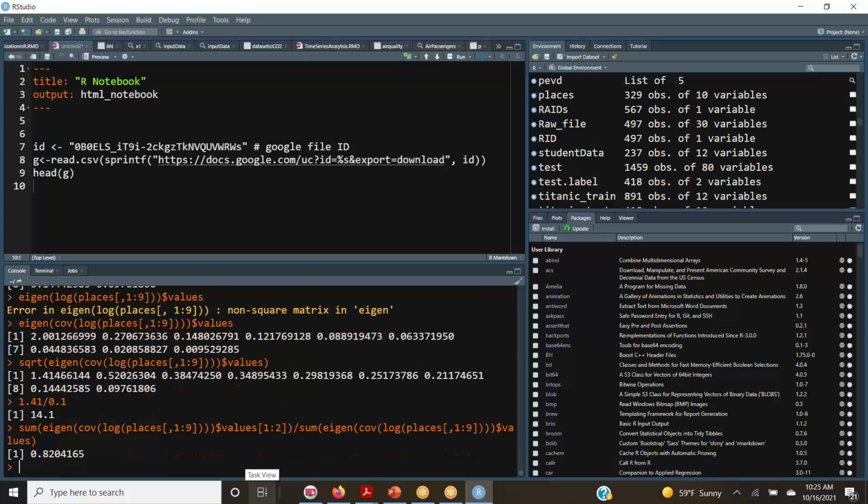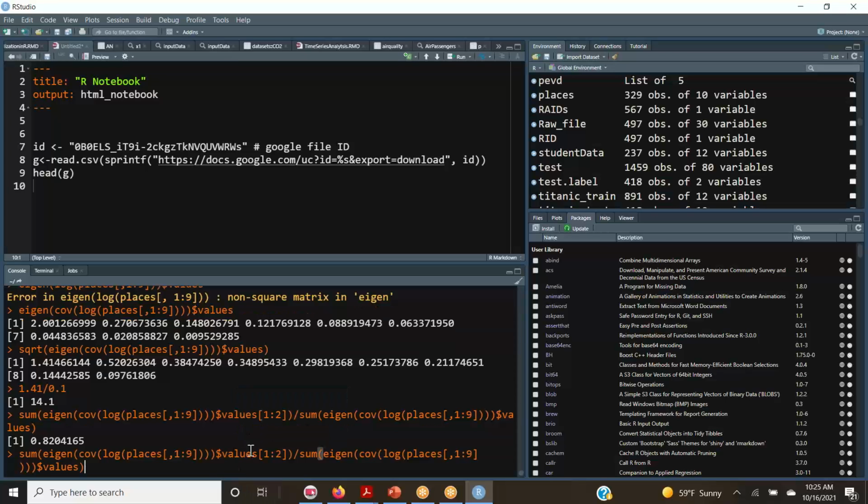It says 82% of variance is explained by just one direction. Yes. Isn't it powerful? Yes. It's very powerful. It says the first direction itself explains so much variance. I'm sorry, not first two directions, not two, not one, first two directions.